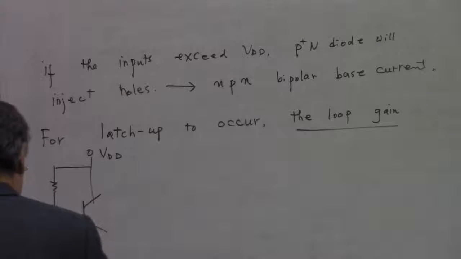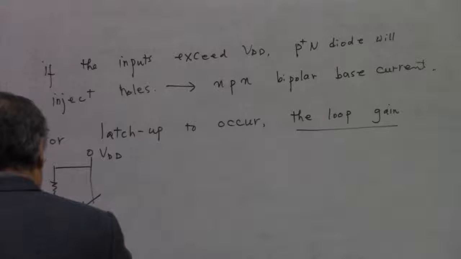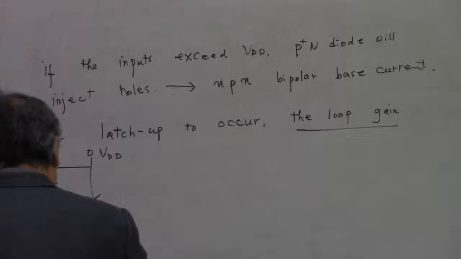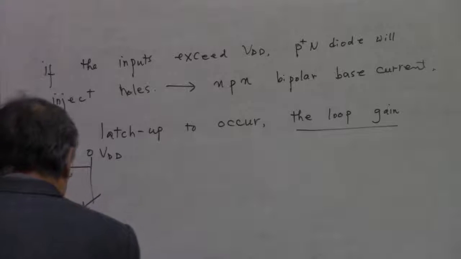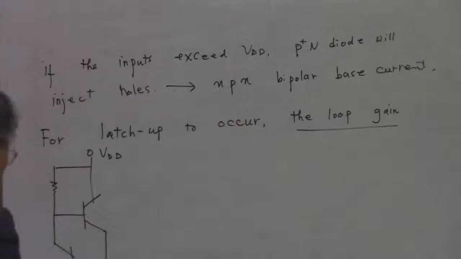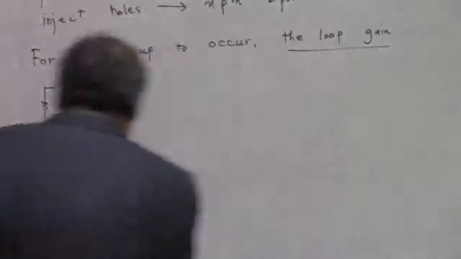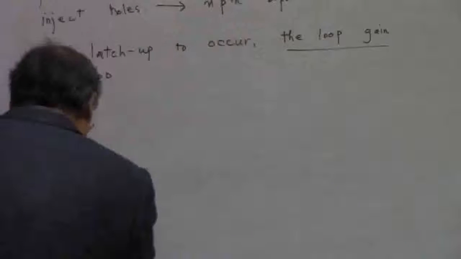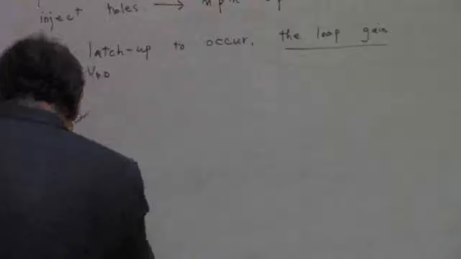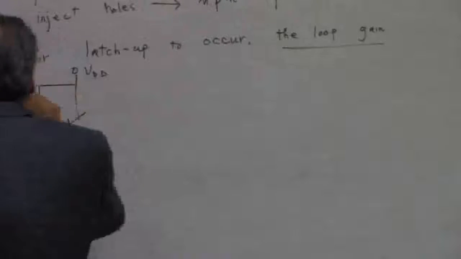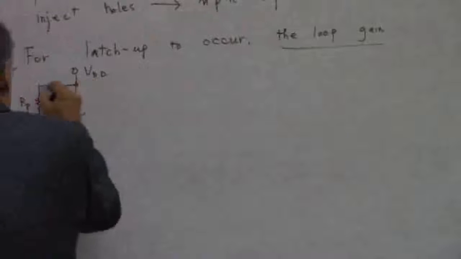And then this circuit is just Rn, and this is Rp.